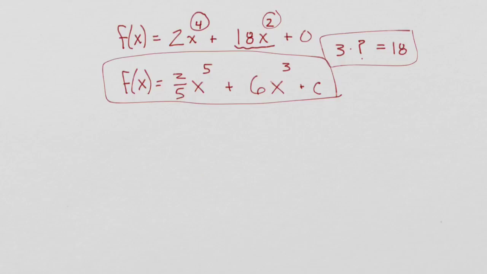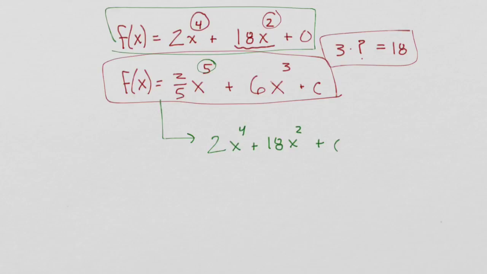Let's take the derivative of this, and I should end up with the function that I just anti-differentiated. I'm going to take 5 multiplied by 2/5, and the 5's cancel out. So I'll have 2x to the power of 4 plus 18x squared plus 0, because the derivative of my constant c is 0. And I see that that's what I started with, so I am good to go.